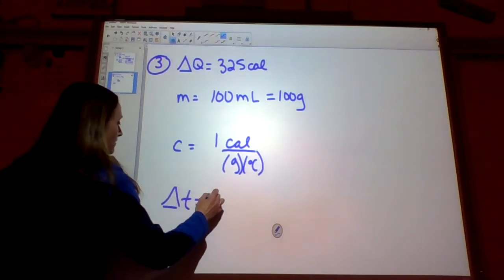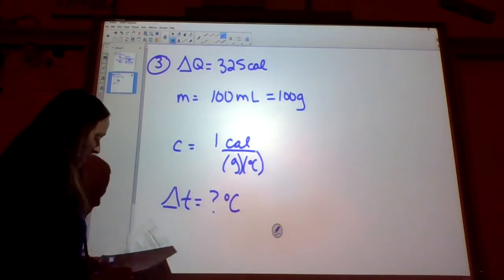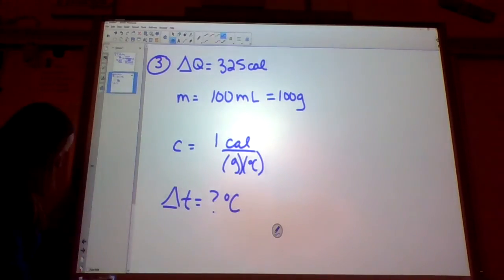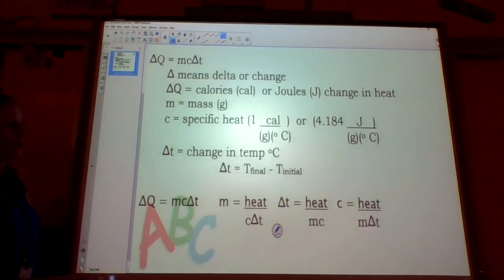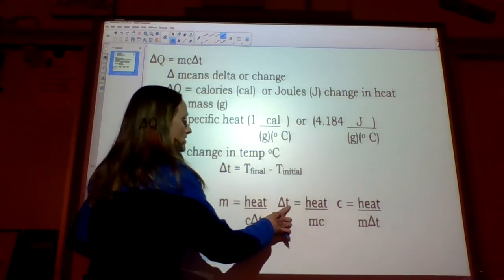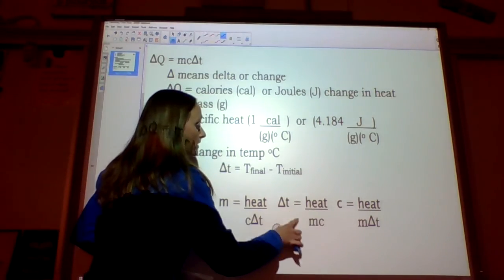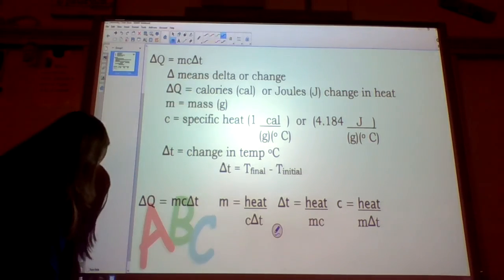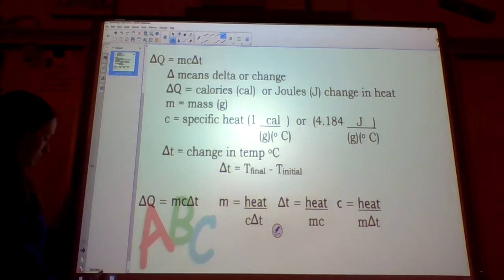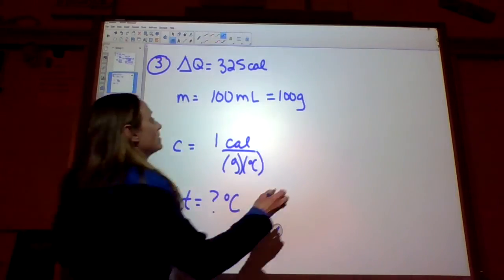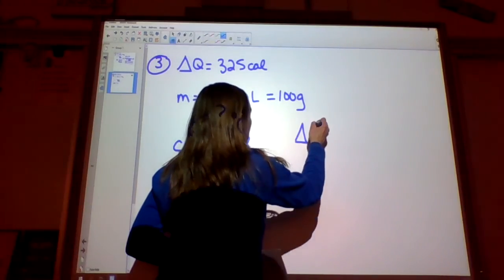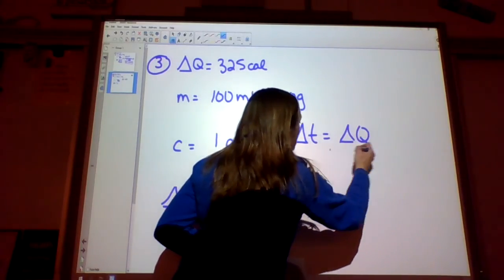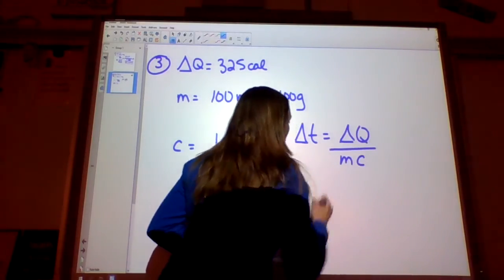Okay, so we're going to find our change in temperature here. This time, as we look at our formula, since we're solving for delta T, we're going to use this formula here, our heat or delta Q over M times C. So I'm going to just put delta Q here.